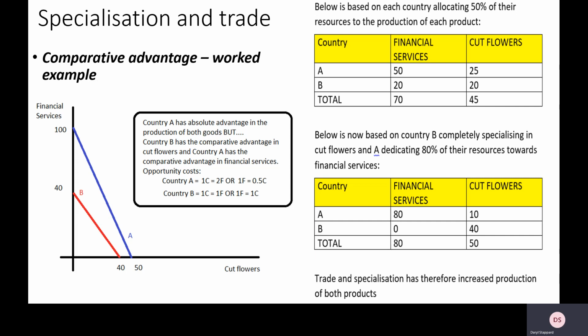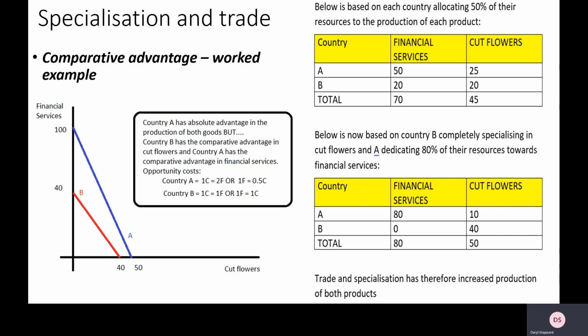So for every cut flower they make, they are sacrificing double the amount of financial services. For every financial service country A makes, they sacrifice only 0.5 cut flowers. Country B, for every cut flower they make, they sacrifice 1 financial service. Or for every financial service they make, they sacrifice 1 cut flower.